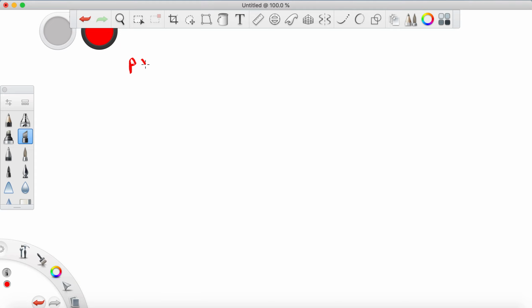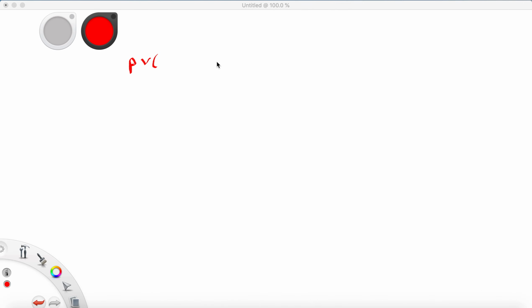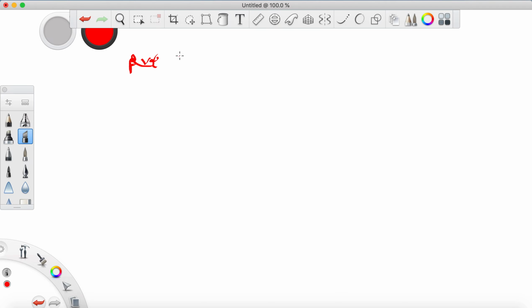We wanted to show that P or (Q or R) is equivalent to (P or Q) or R. So I'm going to do this table first.